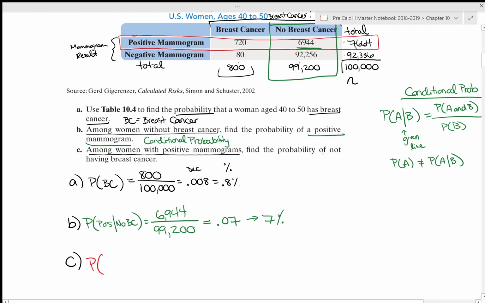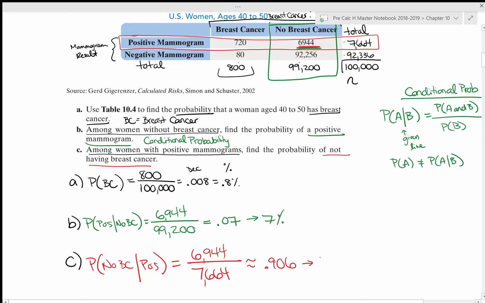Find the probability of not having breast cancer, given that we're only looking at people that are positive. So, out of those positive people, 7,664, how many did not have breast cancer? 6,944. If I actually did the math on this, you would have to round, about 0.906, which is about 90.6%.